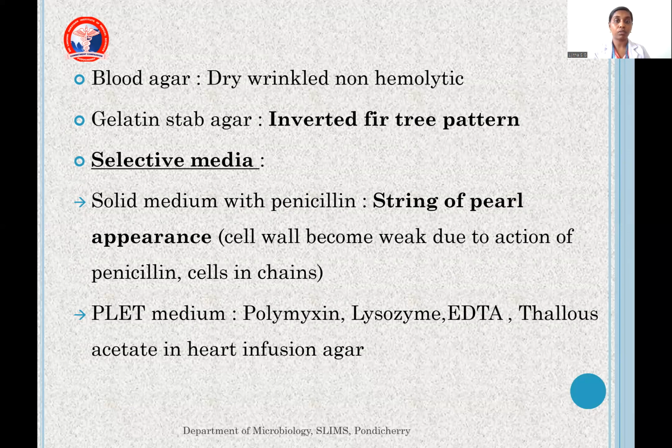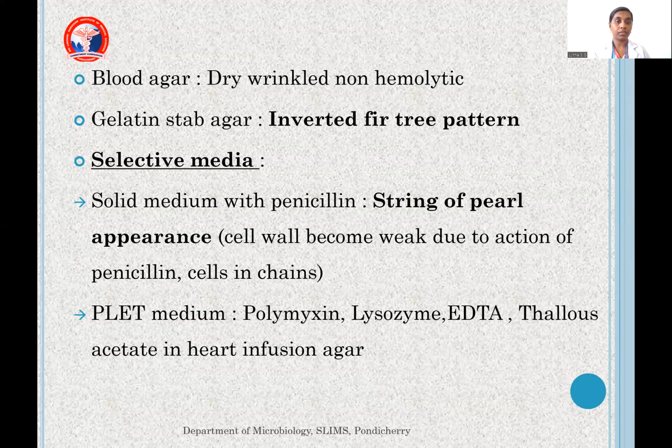They are known as anthracoid bacilli, that is, bacilli other than the anthrax bacillus. The anthracoid bacilli will be hemolytic, while Bacillus anthracis is non-hemolytic. Both of them will give only dry wrinkled colonies on blood agar.